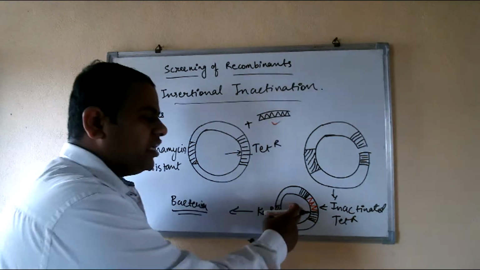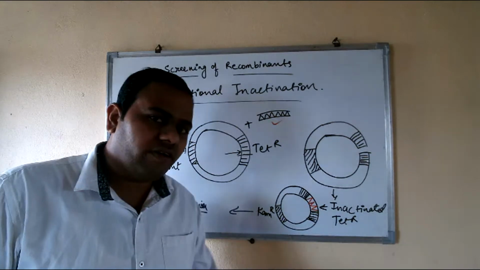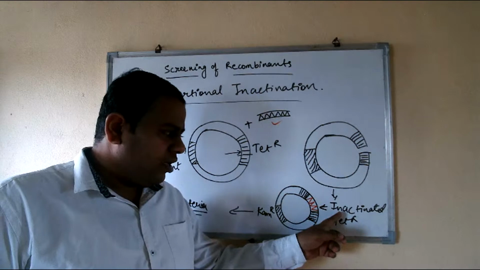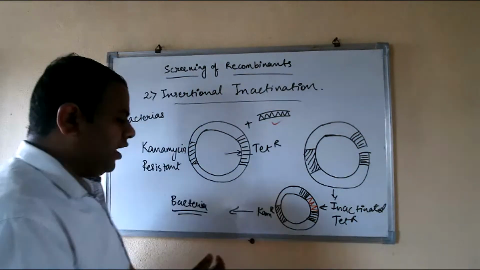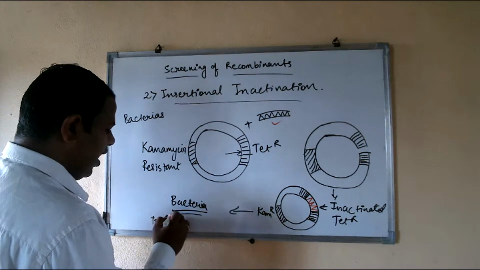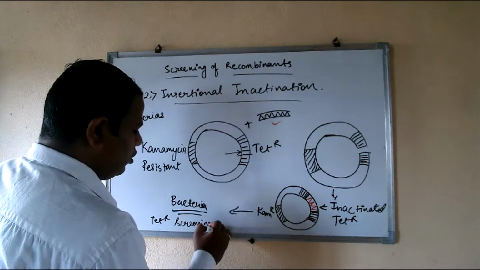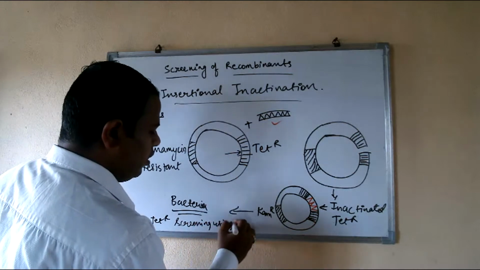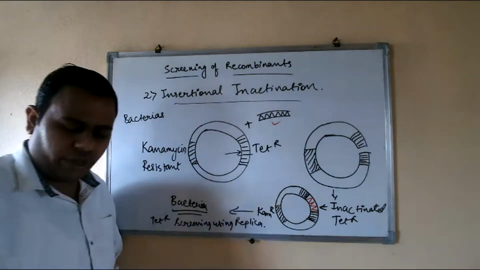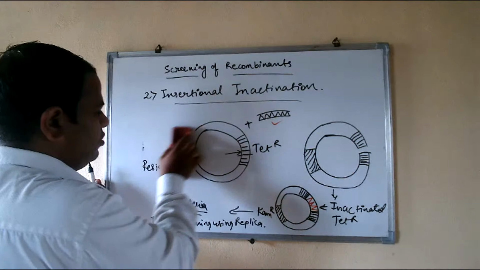You have insertionally inactivated a particular gene, that is the tetracycline resistance gene. Due to this, the resistance gene is removed now, and this bacteria is not able to grow on tetracycline, and it can be screened using replica plate. I'll show you how you can screen here. Let me rub this.